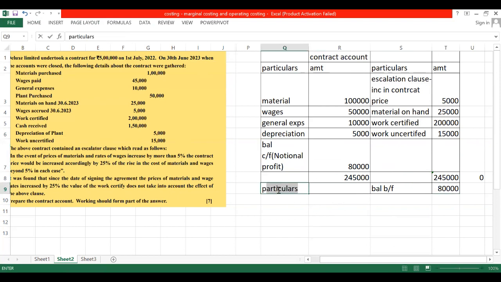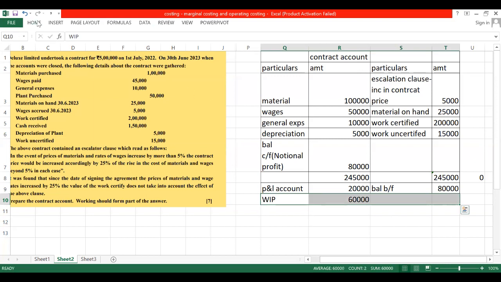Now to P&L account. Here, not even 50% of the contract is completed if you see the percentage completion. So we will be transferring 1/3 of our notional profit. So 1/3 into 80,000 into cash received by work certified. 1,50,000 by 2 lakh. 20,000. So the balance will go into your WIP account. So in WIP account, balance 60,000 will go.